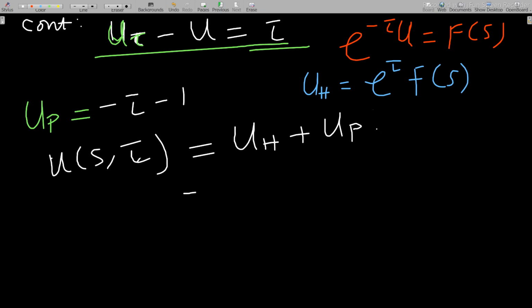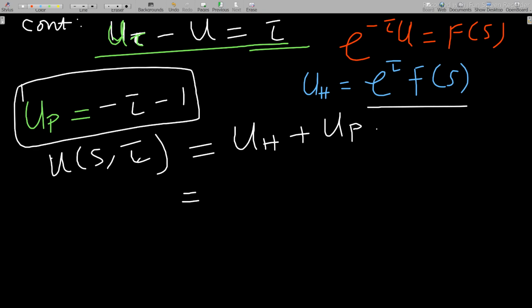And now my u particular is this, plus the u homogeneous. So I have e to the tau f of s, then plus, or you can say minus, let me write it first, and then I'll simplify it for you.